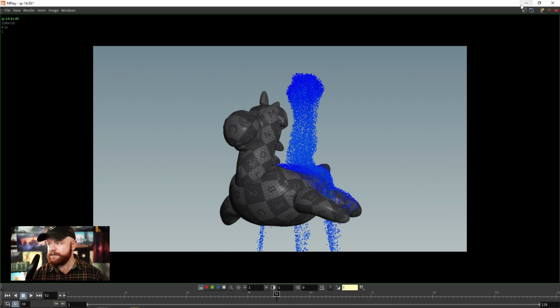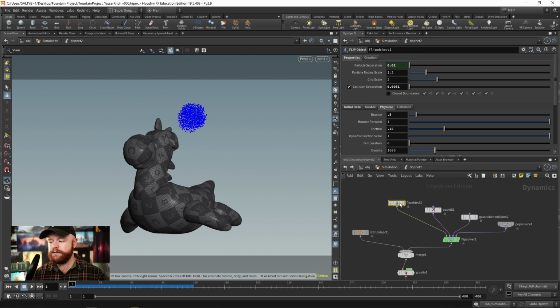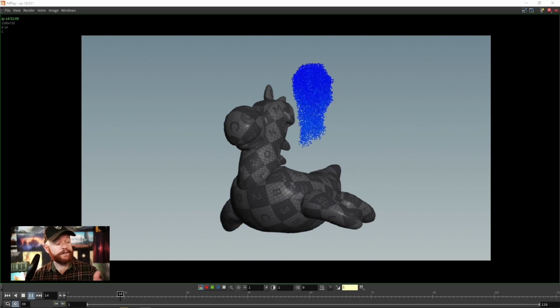So let's stop this. I'll go back here to the flip object, bounce at 0.5, I think that was good. The bounce forward's fine. Friction, 0.1, dynamic friction scale, 0.5. And let's see what this does. Okay, and that looks great.